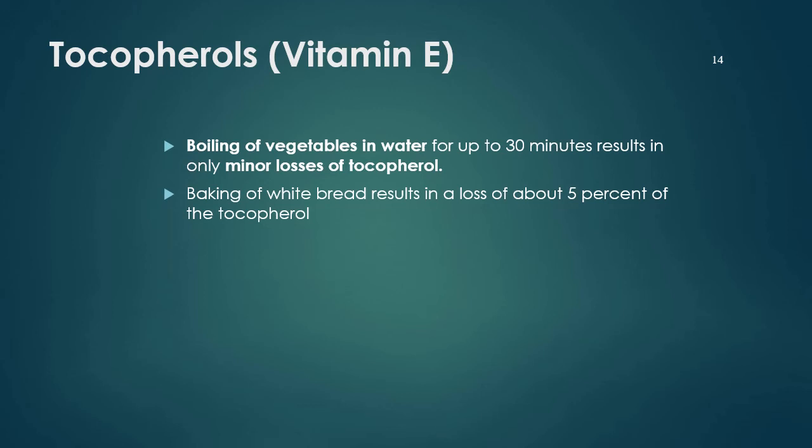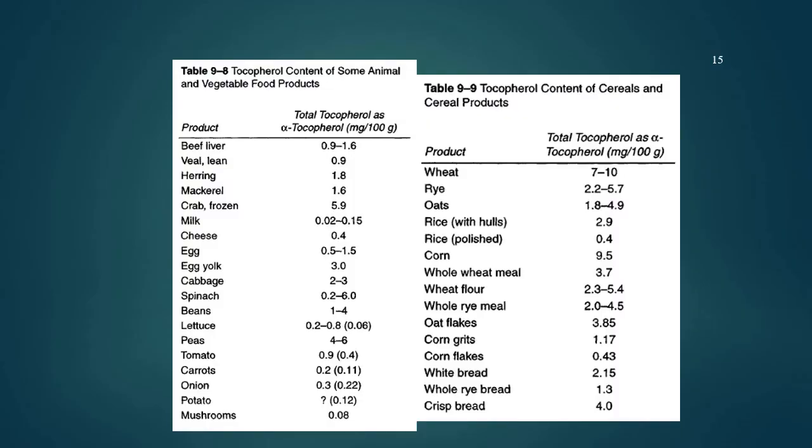If you boil a vegetable in water for up to 30 minutes, it incurs only minor losses of tocopherol. If you bake white bread, it will result in a loss of about 5% of the tocopherol.